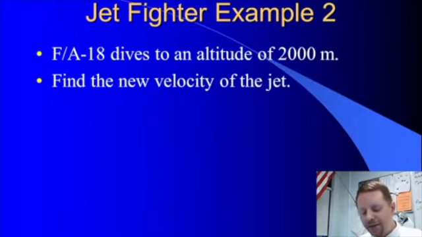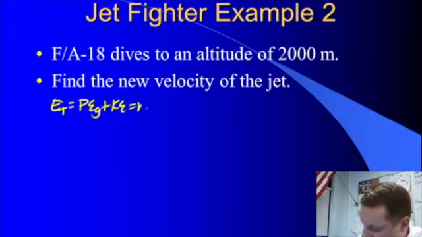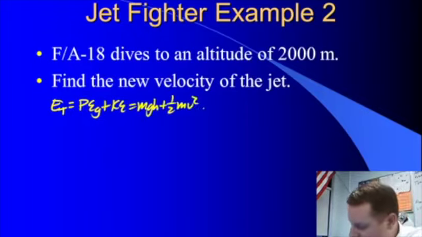Now, if we take this a bit further, this FA-18 dives to an altitude of 2,000 meters. Let's find the new velocity of the jet. Well, the total energy is now going to be potential energy due to gravity plus kinetic energy, which is going to be mgh plus 1/2 mv squared again.